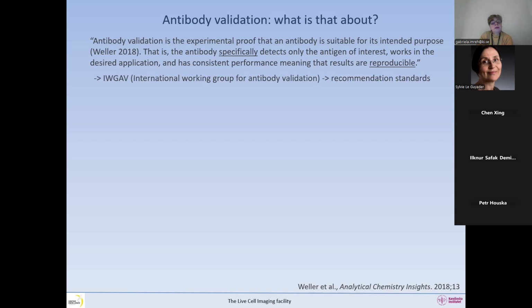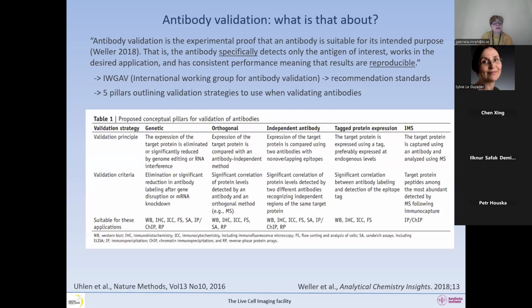Now, an international working group for antibody validation actually came up with some recommended standards for antibody validation. I highly recommend the paper by Uhlen, which came out in 2016, where they outline the 5 pillars for validation strategies that you should use when you want to validate your antibodies.